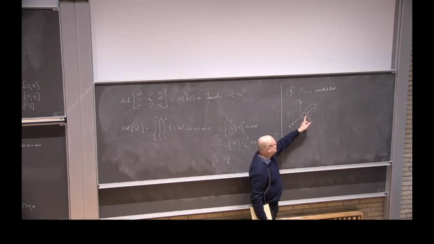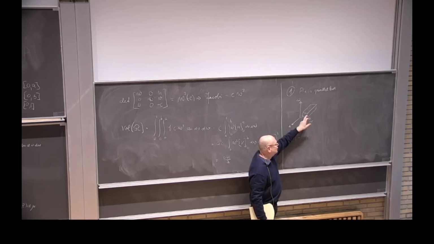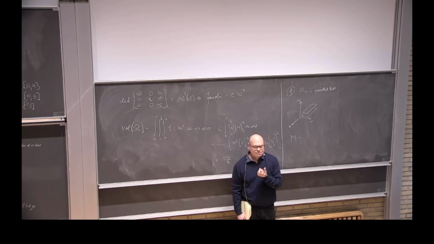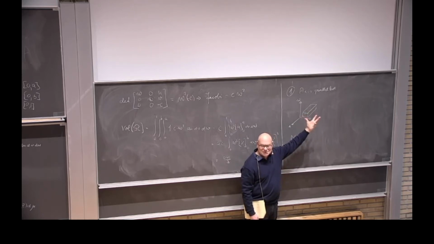Because if you take a point inside, you can approximate the value of the mass function in that small box by the value of the mass density in the lower left corner. And then if you multiply by the volume of that, you get an approximation of the mass of that small part. And if you then sum all these small parts of the whole box, then you get an estimate of the total mass.